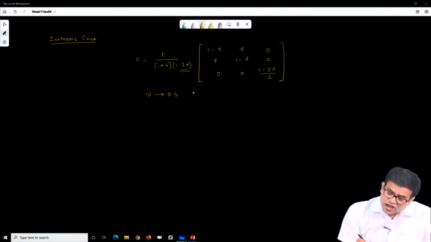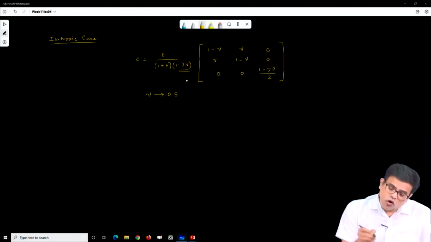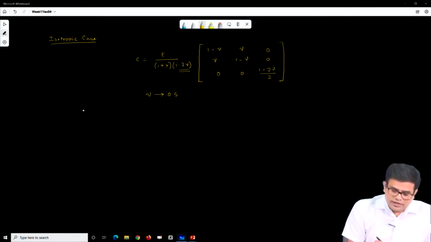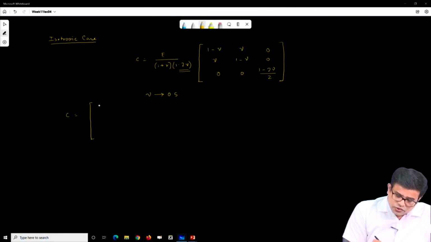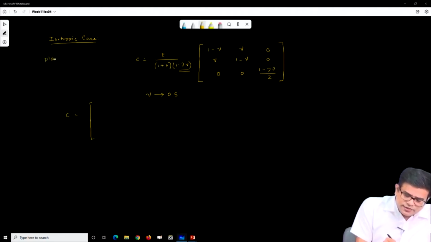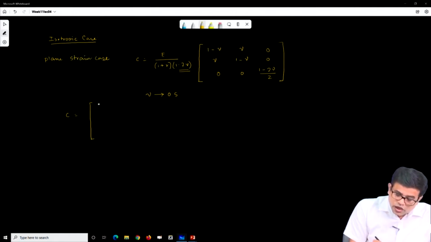Now this constitutive equation I can also write in a different form, which is like this, for the plane strain case, in terms of Lamé constants: lambda plus 2 mu, lambda, and mu.